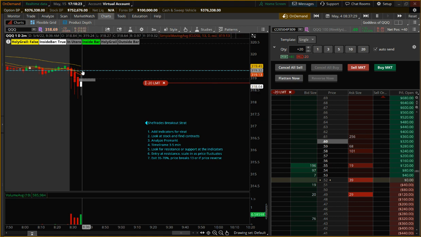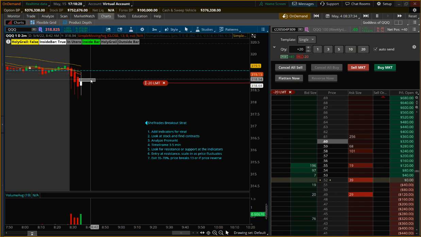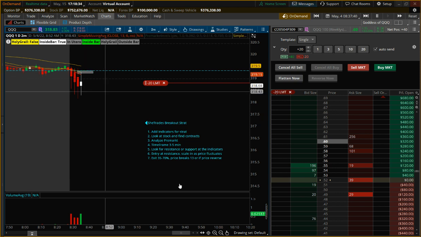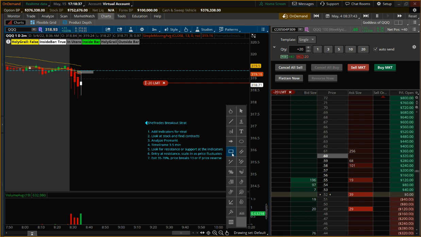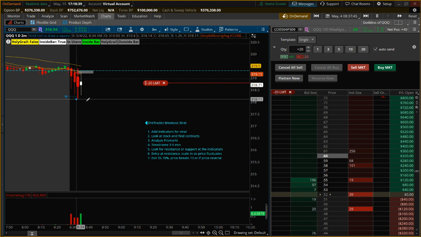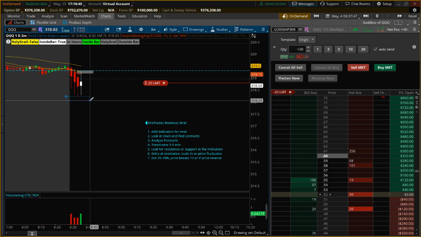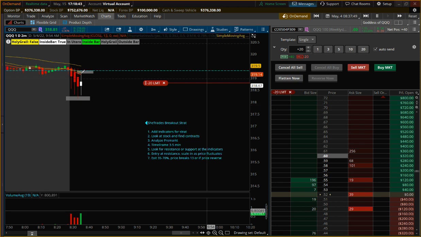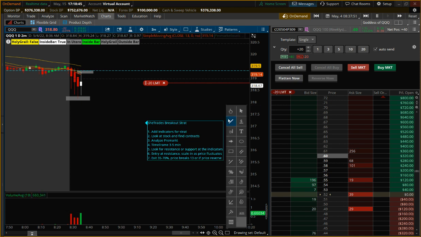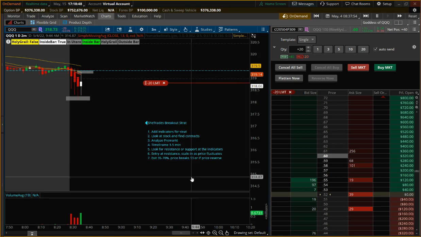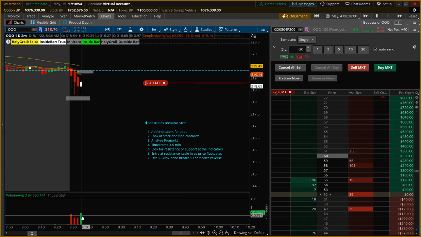And now I am down 1%. As long as price does not get over this level, I'll stay in the position. Price is finding support here and it has resistance here. So we have a little bit of buying volume.